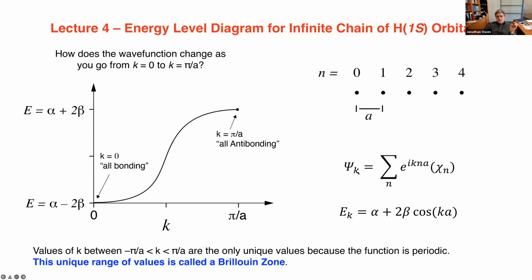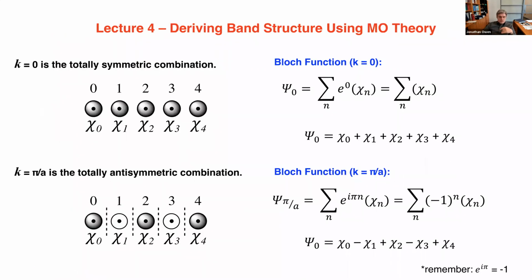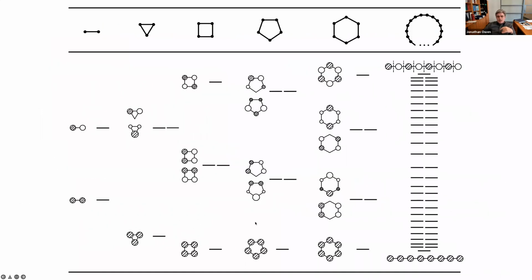And what we're really interested in doing is going from 0 to pi over a, right? The all positive combination and then the all anti-bonding combination. This is the all bonding combination. This is the all anti-bonding combination. And in these molecular orbital diagrams, here's the all bonding combination. This is k equals 0.